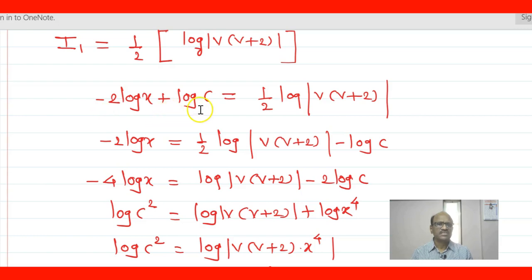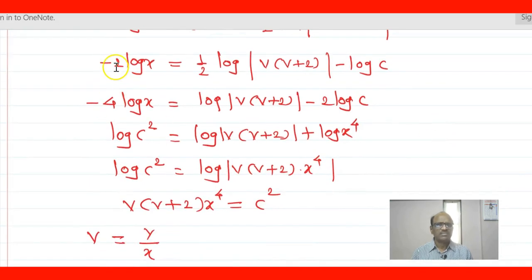Now substitute this value of I1 in the above equation, then you will get minus 2 log x plus log c is equal to 1 upon 2 log of mod of v in bracket v plus 2, and that is minus log of x. Again take this log of c on the right hand side, it will become minus, that is a multiplication, and next step is multiply on both sides by 2.